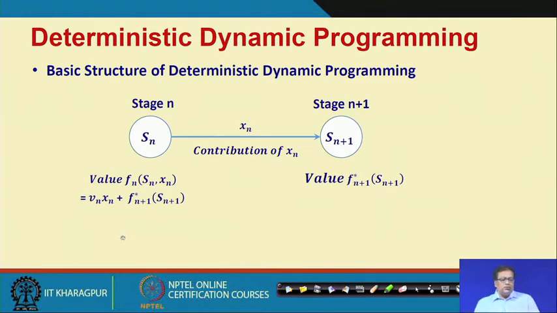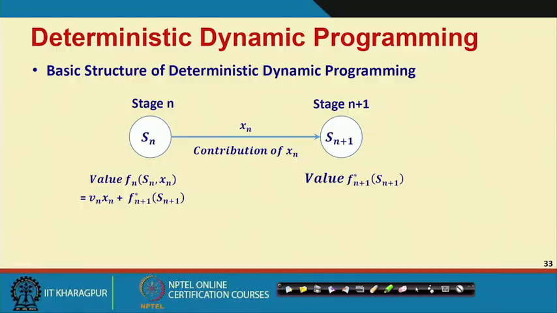So, basically now for different values of x n, the optimized value of f n of s n and x n will be what we shall be looking for. Essentially that is the idea, and over and above there will be what is known as a recursive relationship that will determine the specific problem that we are considering at a given stage.